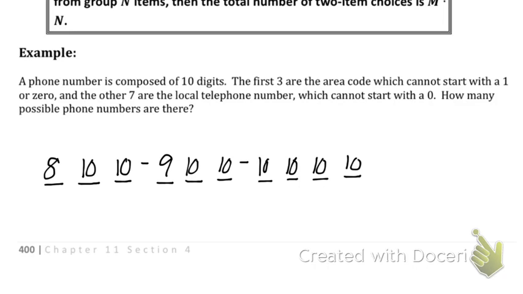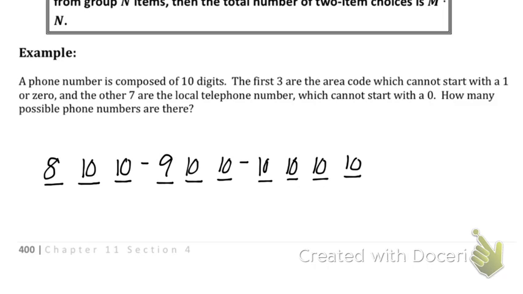So now, according to the fundamental counting theorem, since I'm choosing one from each group, I just have to do 8 times 10 times 10 times 9 times 10 times 10 times 10 times 10 times 10 times 10. So we're going to multiply them all together.